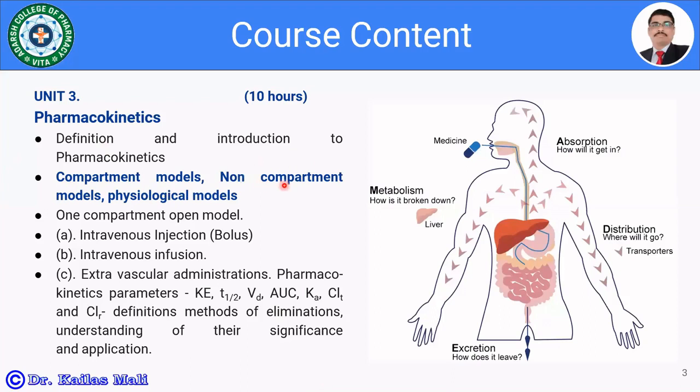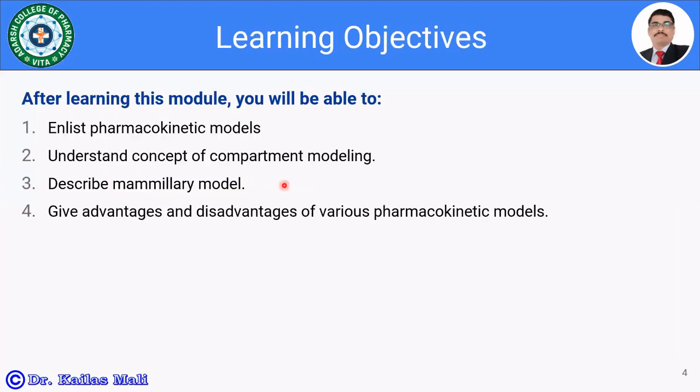Let us move towards the learning objectives. After learning this module, you will be able to enlist pharmacokinetic models, which are the different pharmacokinetic models used to calculate the various pharmacokinetic parameters.